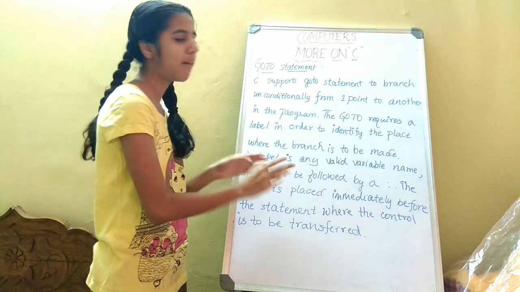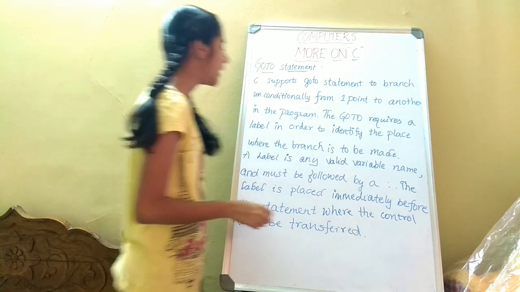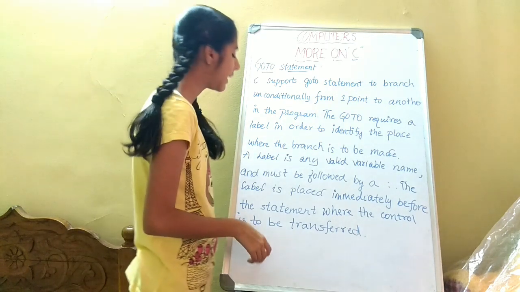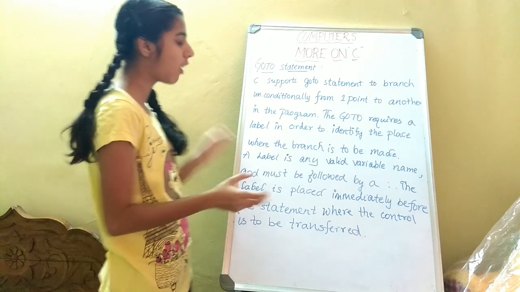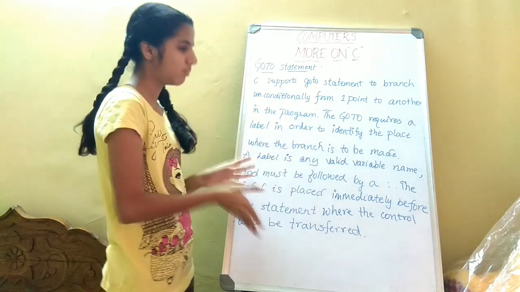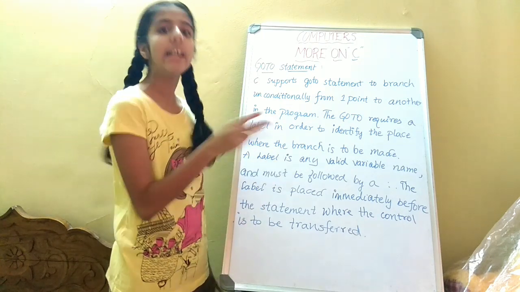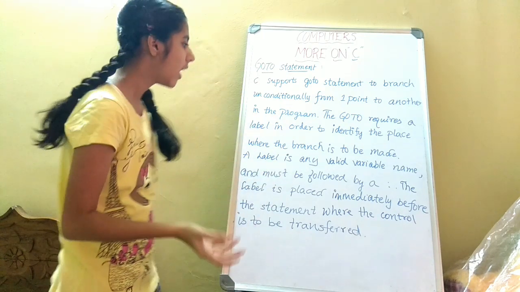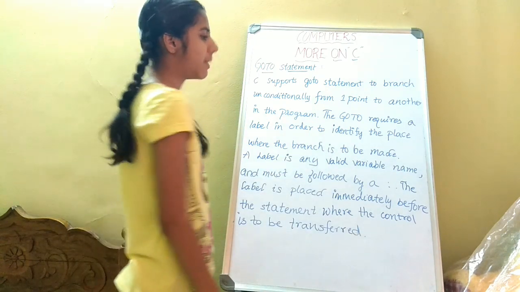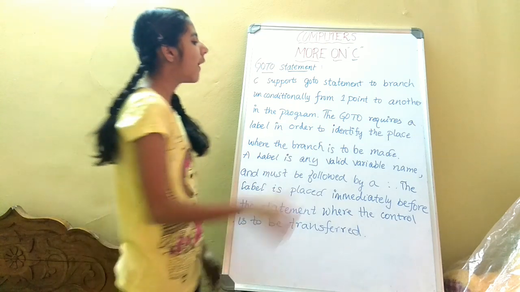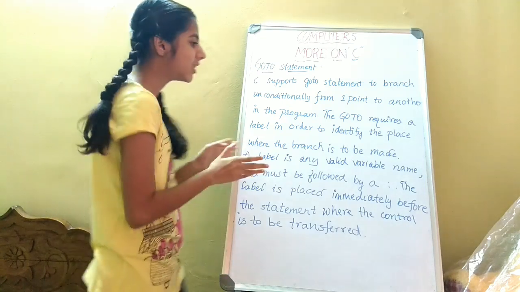The goto requires a label in order to identify a place, that is, to identify the place where the branch is to be made.